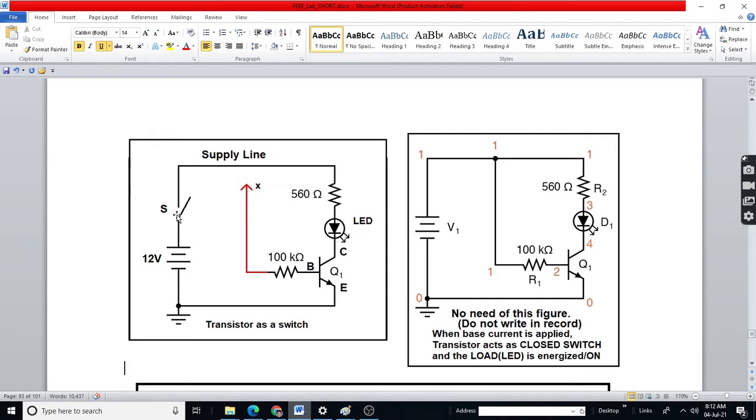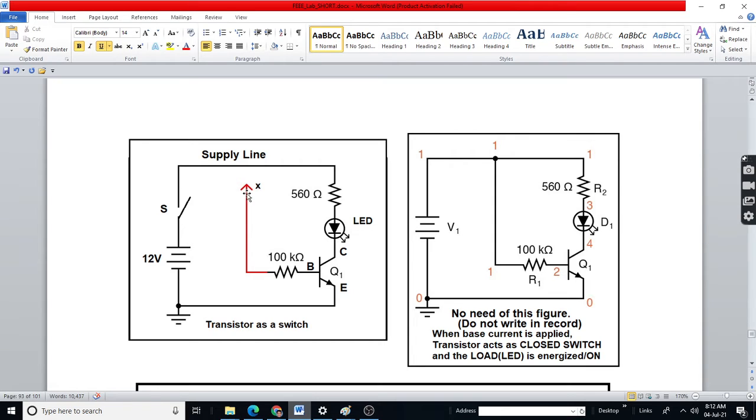High current will flow because when the transistor conducts, means current flows easily from collector to emitter. This conducting of transistor is done by the application of base current.